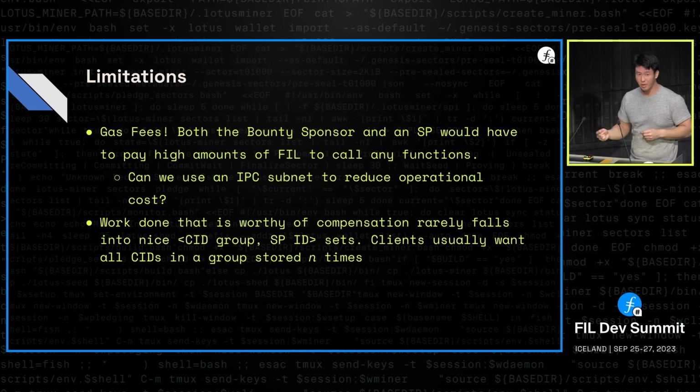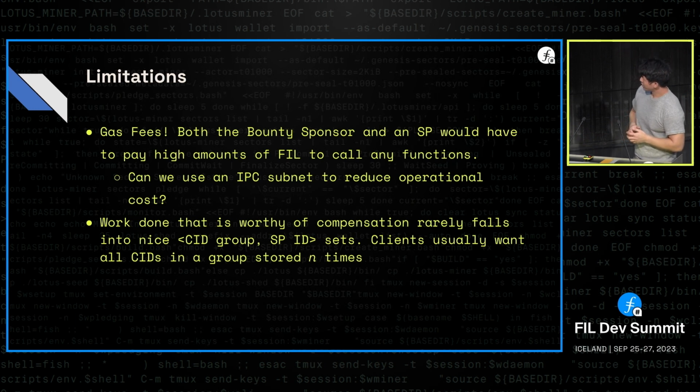One possible way around it is we could use the IPC subnet developments that they are talking about in the other track. There is also a possibility that we can just create a complete off-chain version with similar logic. That could also be possible, but obviously that could take away the benefits of having everything tracked on chain.